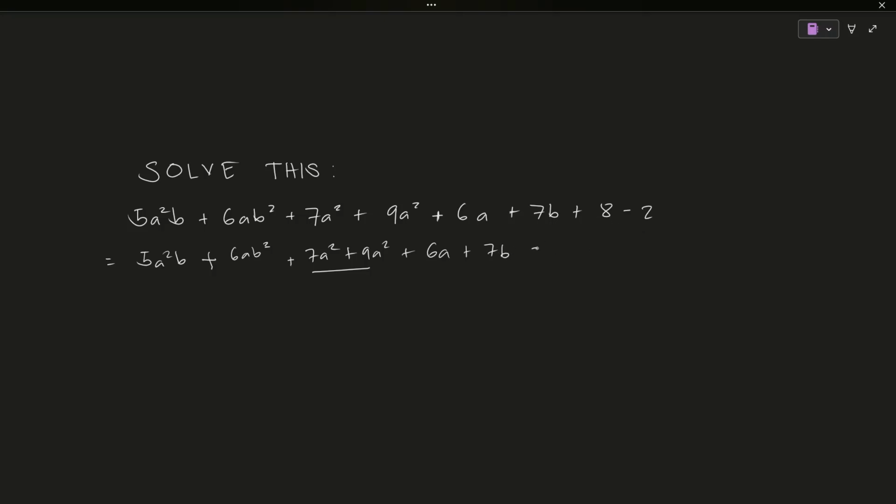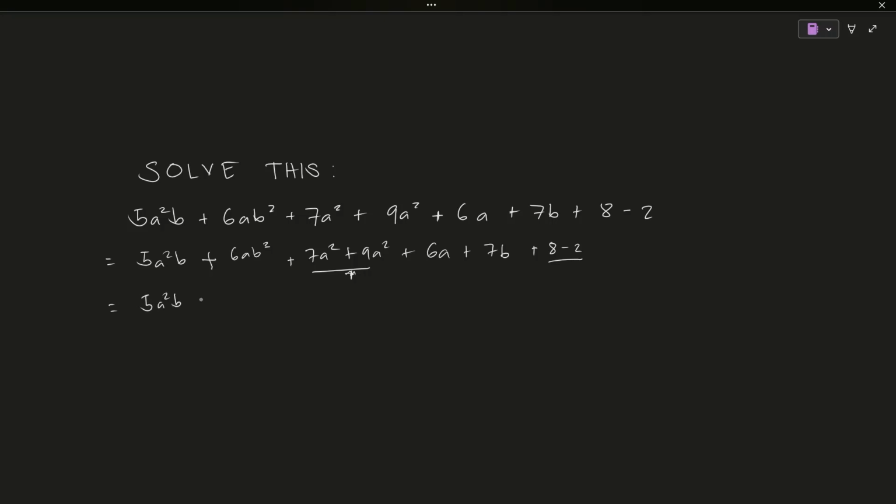For 8 and negative 2, both of them are constants. So these are constants, therefore we can add or subtract them. Since they both have the same terms, we can add or subtract them. The rest are just unlike terms, therefore let's just copy those terms.